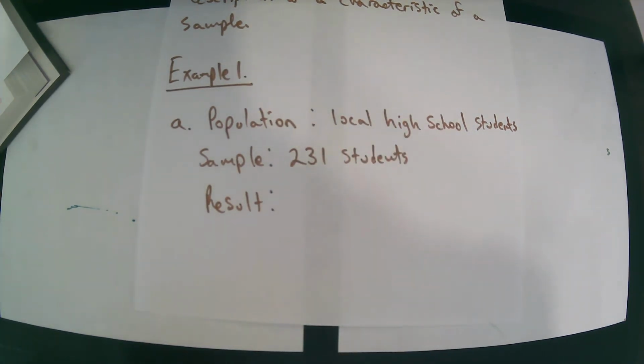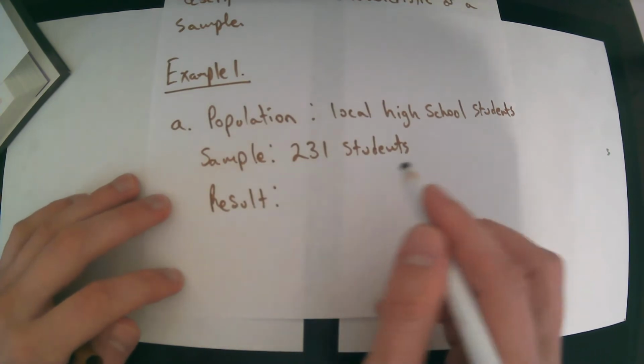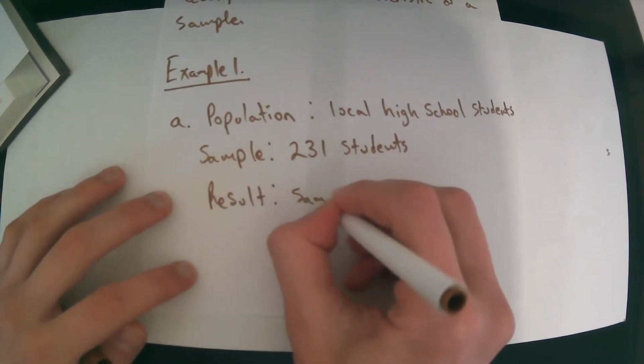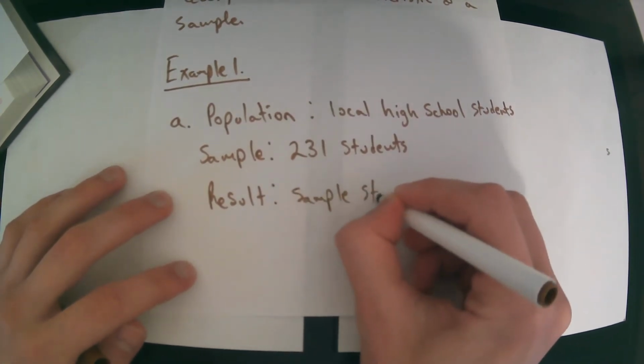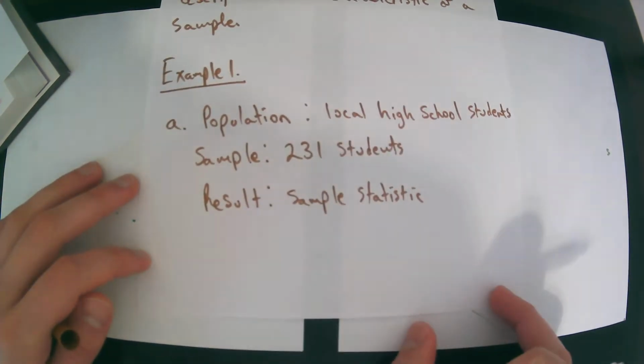So how do I know that? Well, it says out of the students surveyed, right? And then they give the result of the 58%. So since the result only applies to those in the sample, it's a sample statistic. Okay.